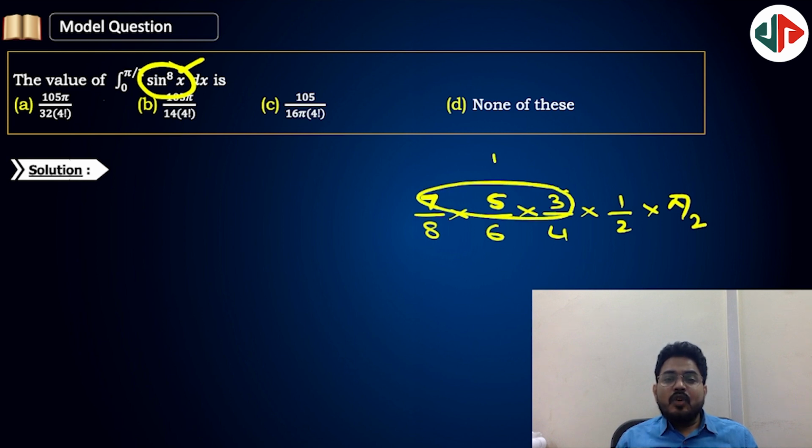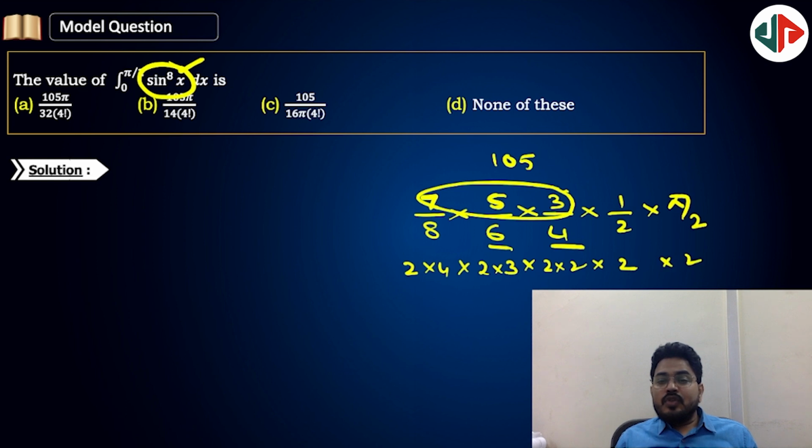Numerator is 105. Denominator is from here. If I take 2 into 4 into 2 into 3 into 2 into 2 into 2 into 2, so like 1, 2, 3, 4, 5, that is 32 into 4 into 3 into 2, 4 factorial.